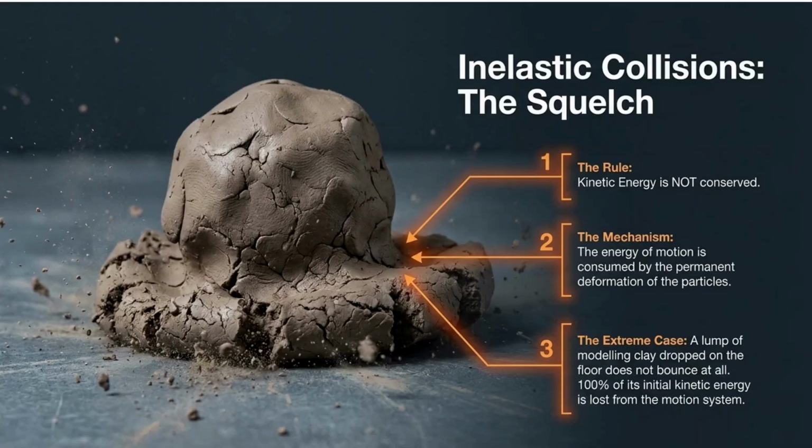So we will discuss what is going on here. A very simple example is modeling clay. If you hit some solid surface with it, it will look like this after hitting the surface. So this is a kind of permanent deformation.